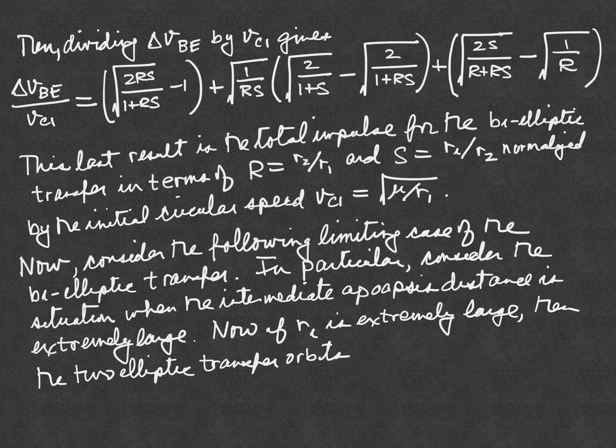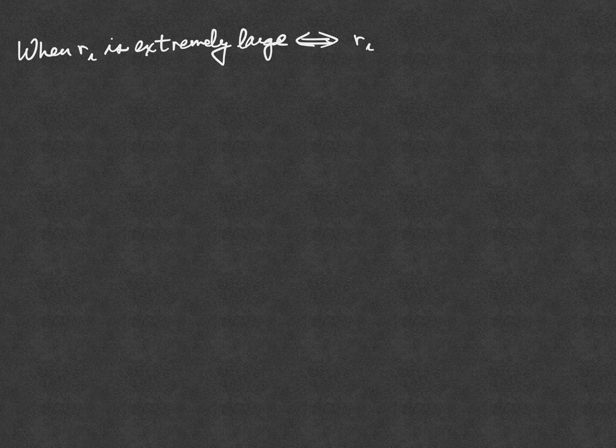So they become parabolic orbits. So let's look at this in a diagram. When Ri is extremely large, it's equivalent to saying that Ri is approaching infinity.